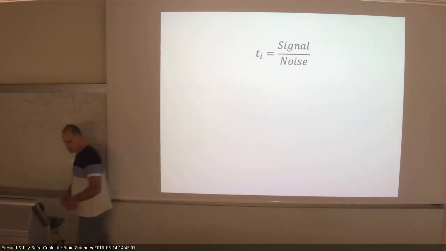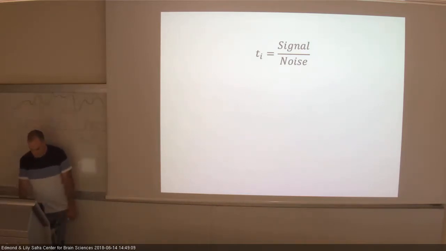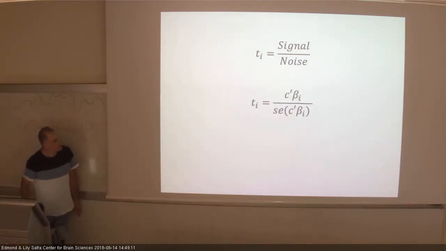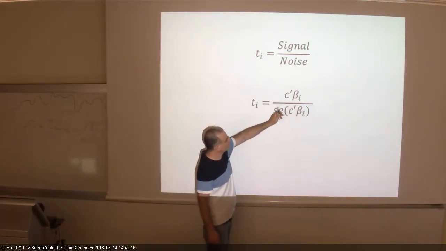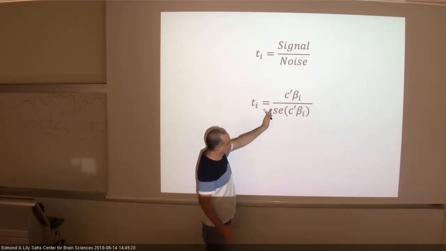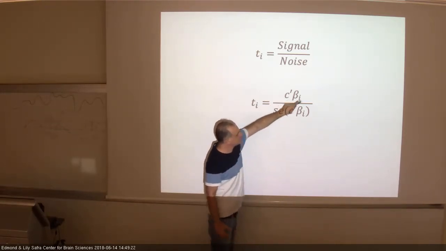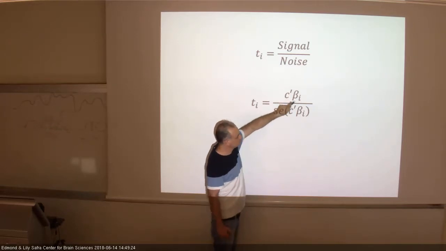The t-test is basically taking a signal and dividing it by noise. We have only 2 hours of MRI introduction, so we're not going to dive into that. Intuitively, you have some contrast; this is your signal, basically what you modeled.